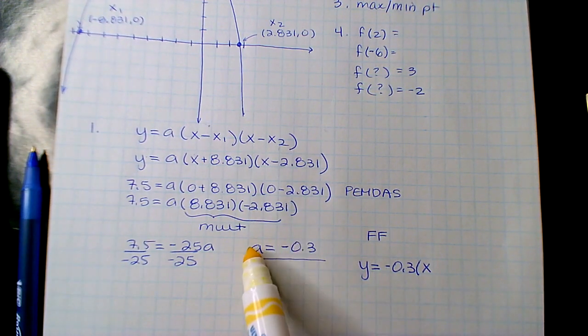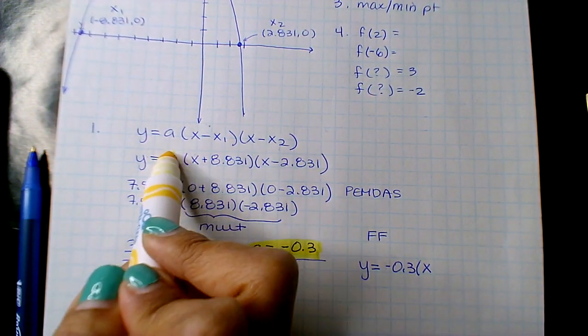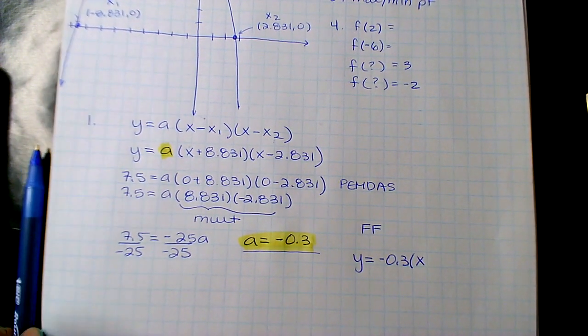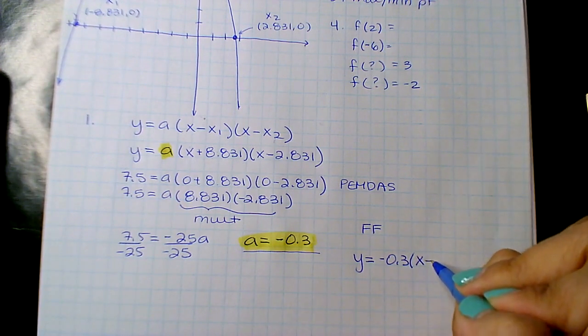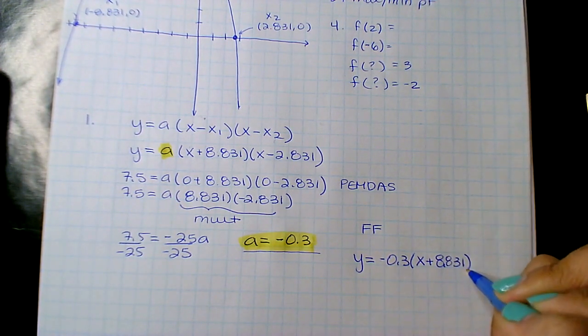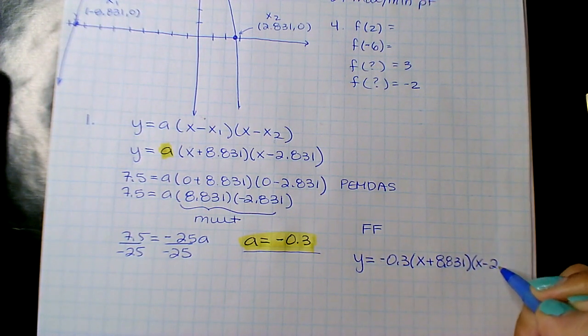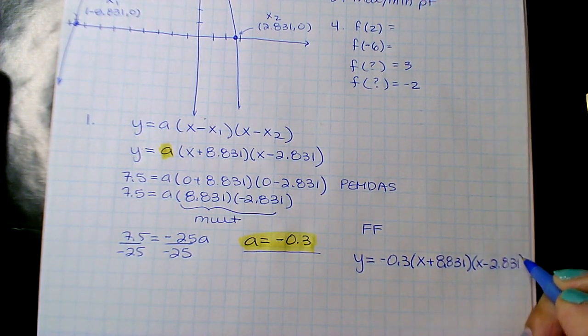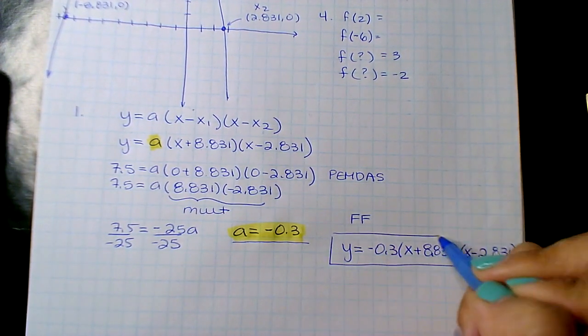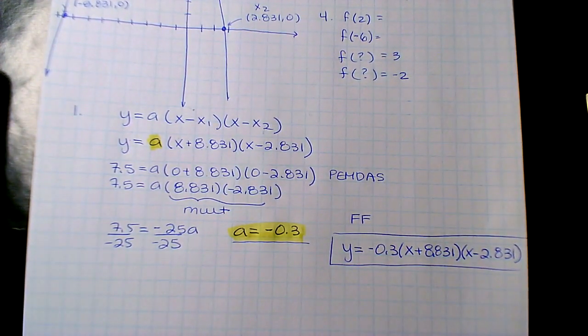So to get the factored form, you're going to take this and plug it in here, and now I'm going to rewrite it, and that's how I get my factored form. Wait, where's my pen? And if I make a mistake, someone can see it because this is a video. Okay, that is your factored form. So question 1 is done.